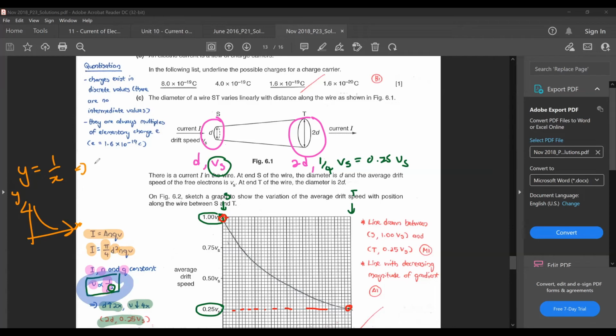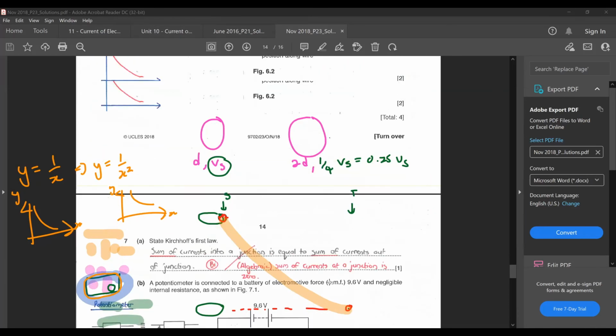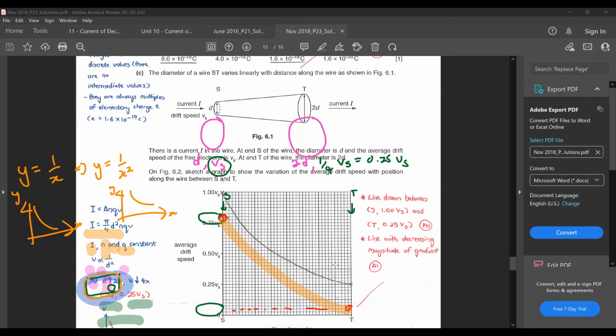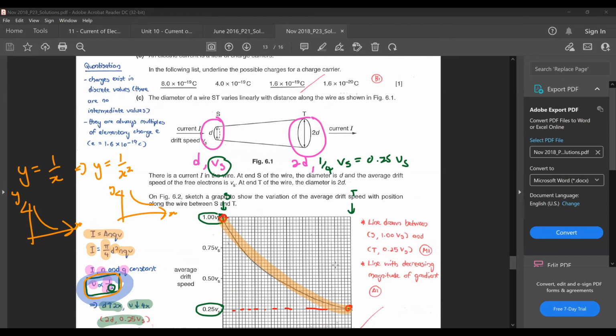So even if you were to change it to y over 1 over x squared, by right it should remain roughly the same. It will be a curve. It cannot be a straight line. So you look at this one, v is inversely proportional to d squared. It's definitely going to follow a curve. So that's why your shape is like this. So this is how you're going to do this interpretation. This one is just the graph drawing part.